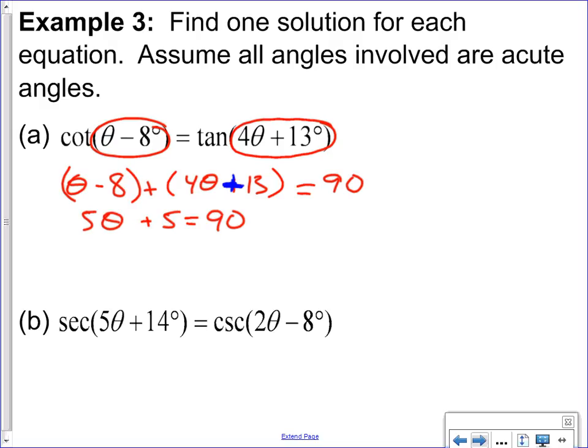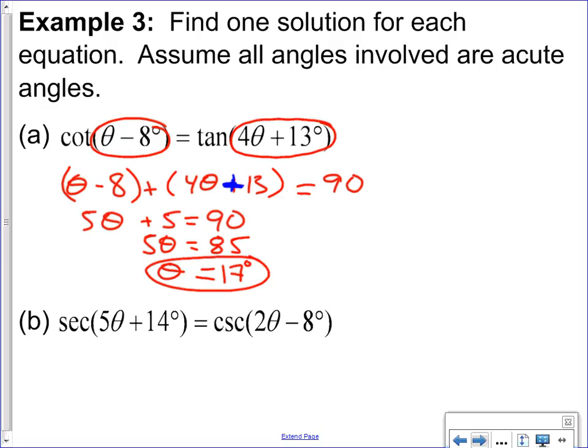Okay. So now we're back to 5 theta plus 5. 5 theta is equal to 85. So theta has to be 17. I believe it. So in other words, the angle that would make this true is 17 degrees.